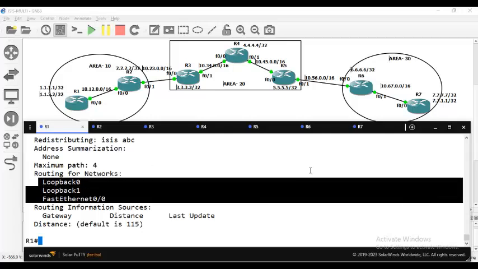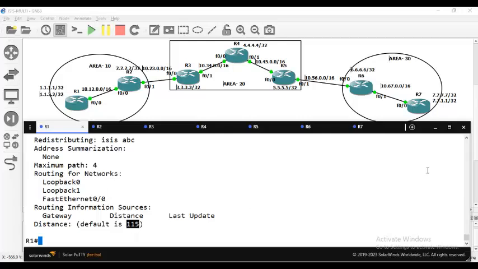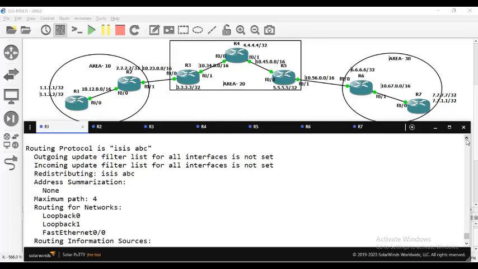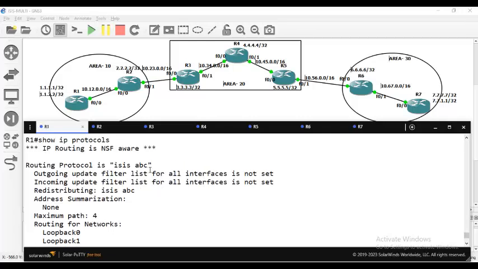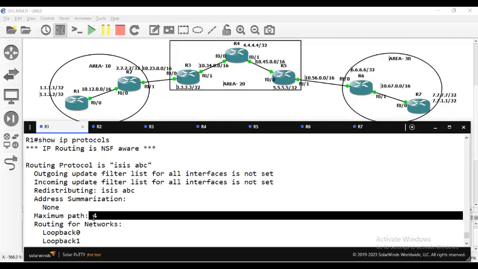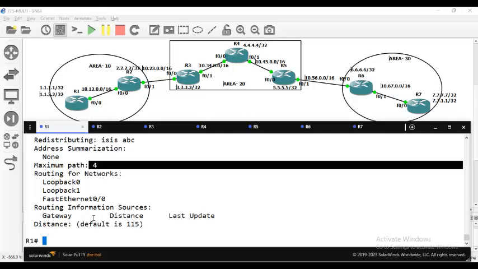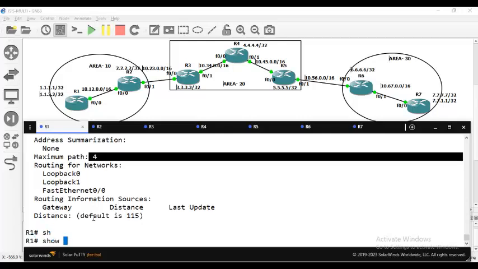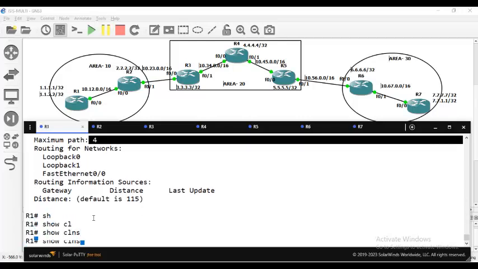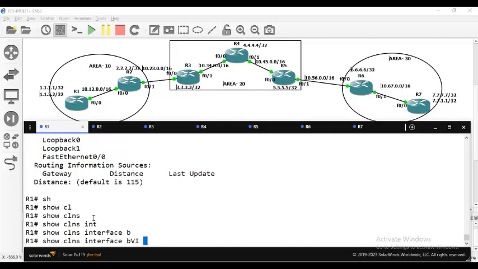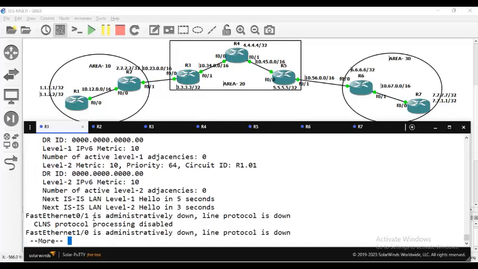Show CLNS interface brief. See, it shows that ISIS is running on F0/0, it is up, and it is running both L1 and L2. I told you by default it is both. Likewise, you can see loopback.